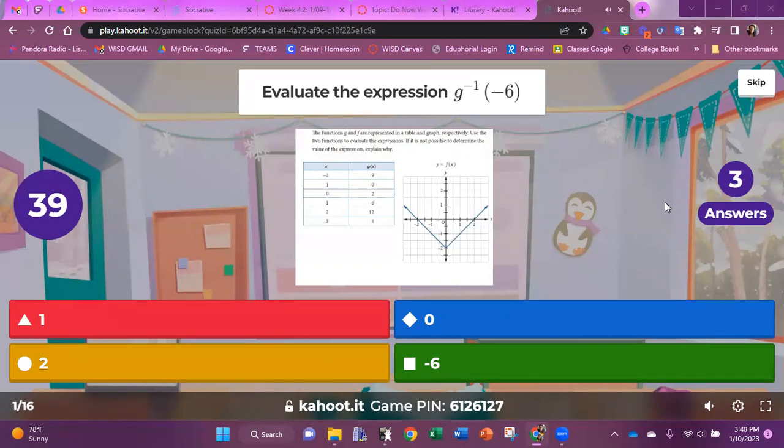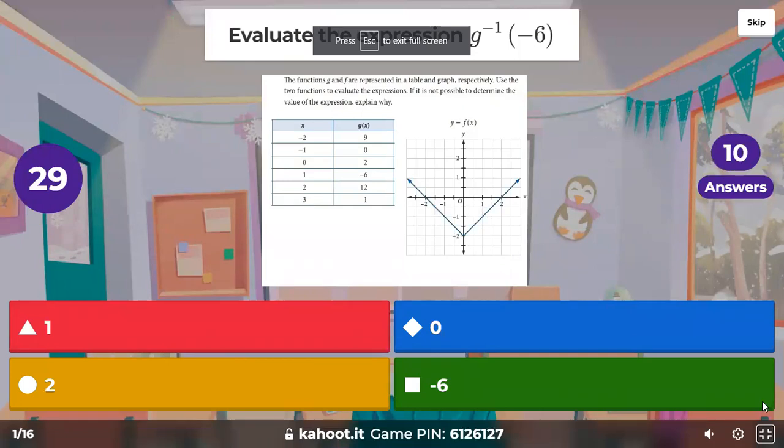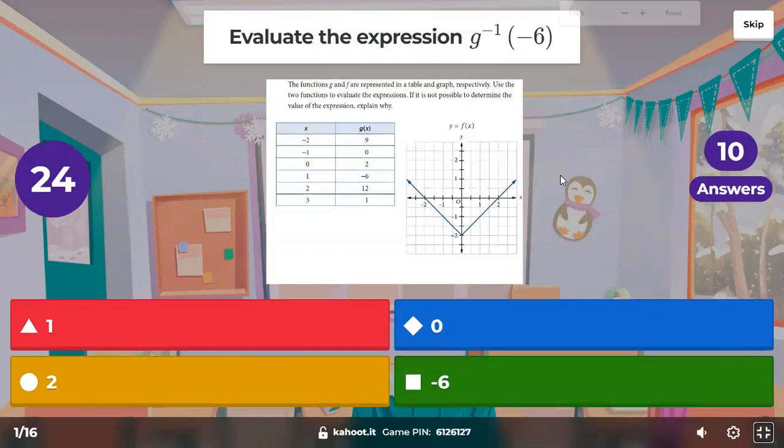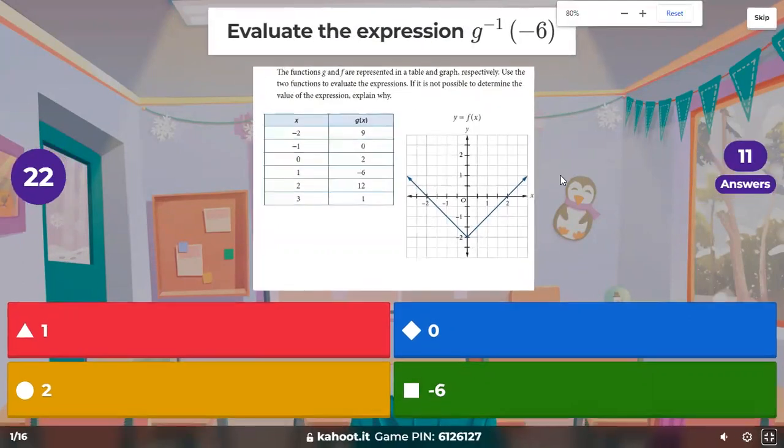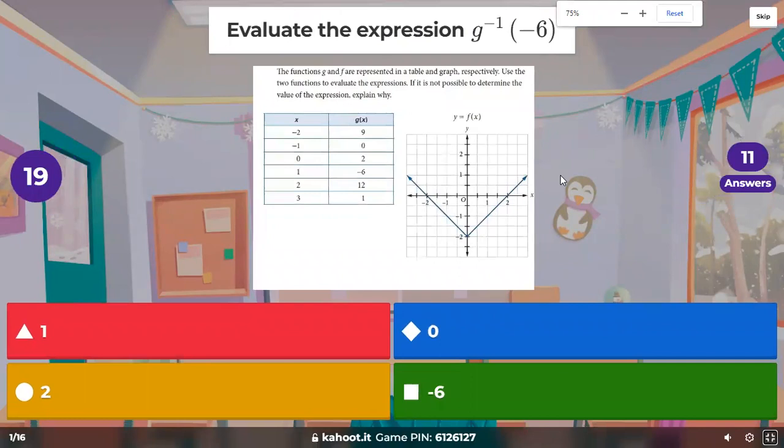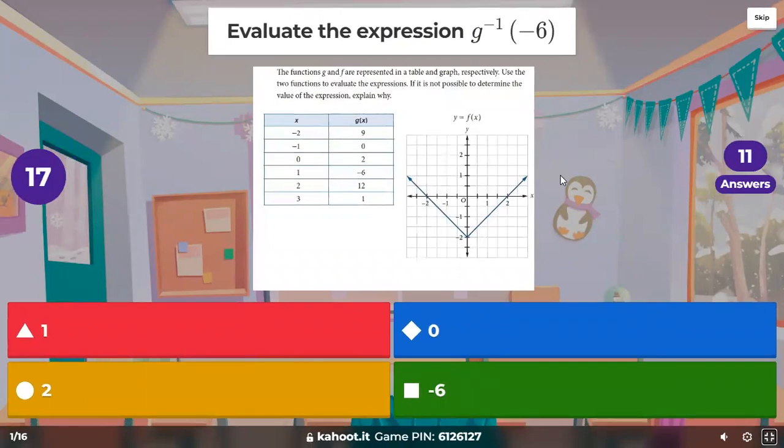So instead of me starting with the X, I'm starting with the Y and I'm looking for my X. You write number 1, and then you're writing the G inverse -6 and writing your answer.